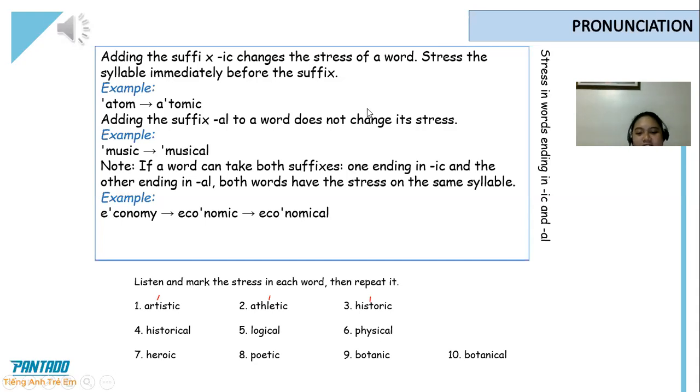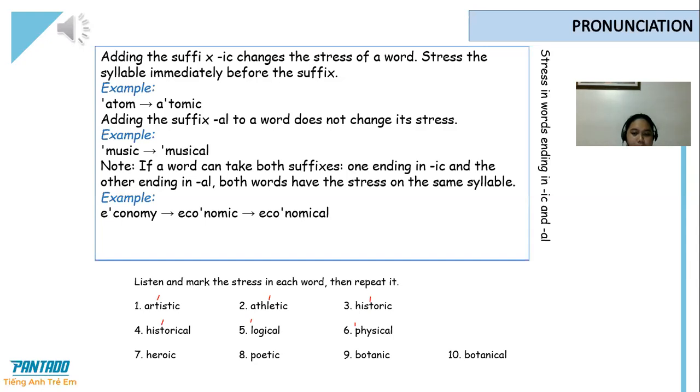Okay, so again, let's listen to the audio. Activity 5. Listen and mark the stress in each word. Then repeat it. 1. Artistic. 2. Athletic. 3. Historic. 4.